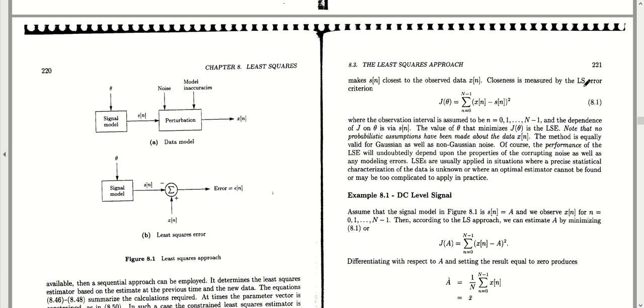Closeness is measured by our error criterion. Then what is our error criterion? We do it this way.